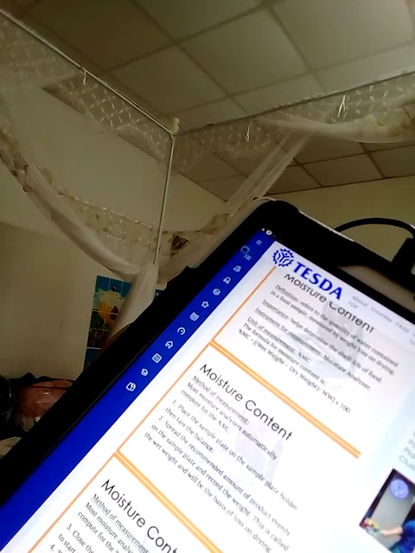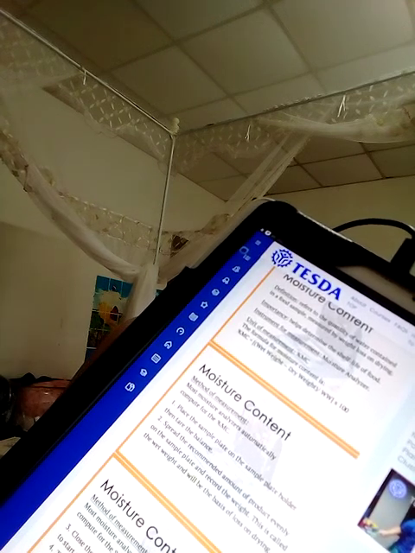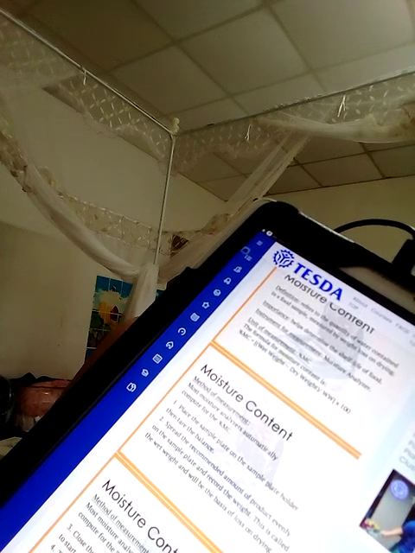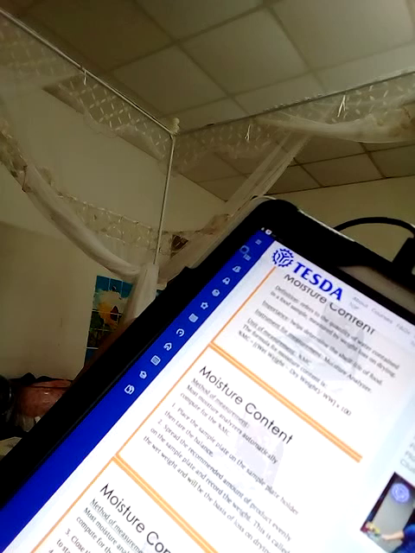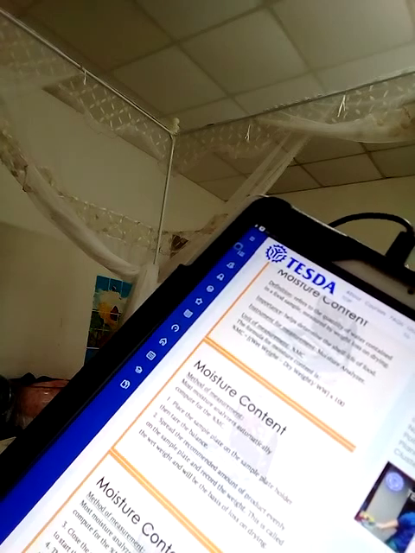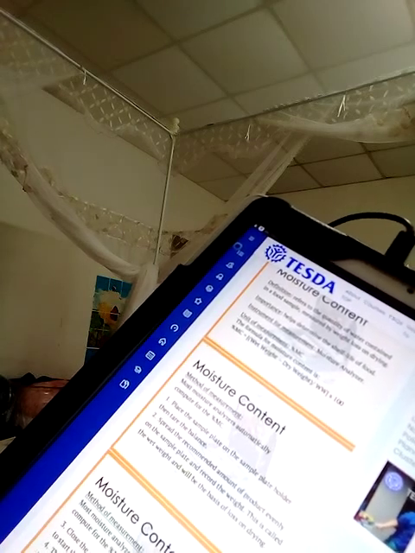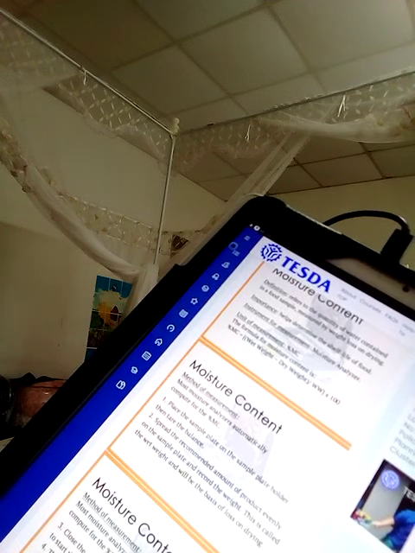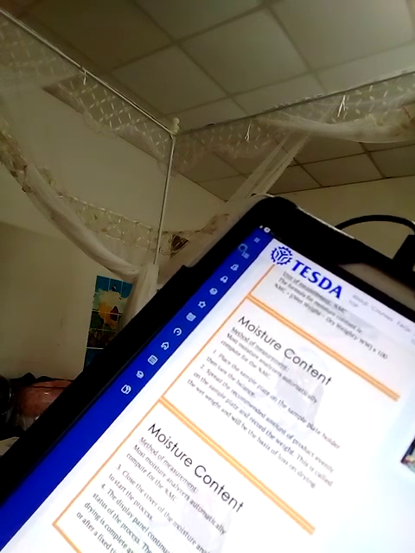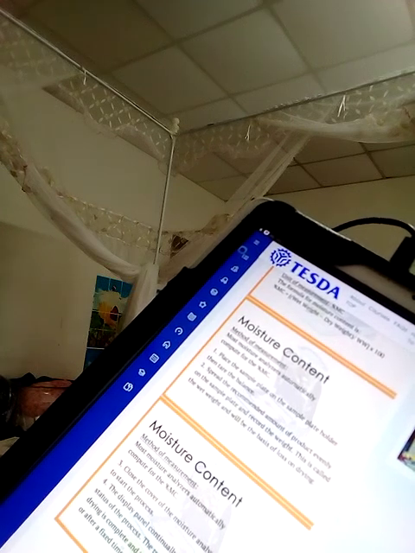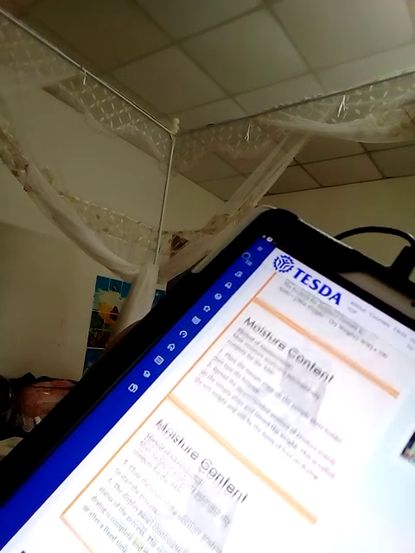Number 2, spread a recommended amount of product evenly on the sample plate and record the weight. This is called the initial weight and will be the basis of loss on drying.